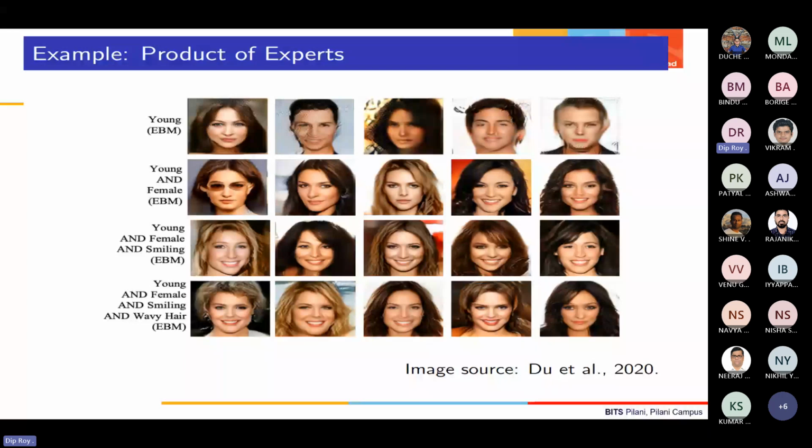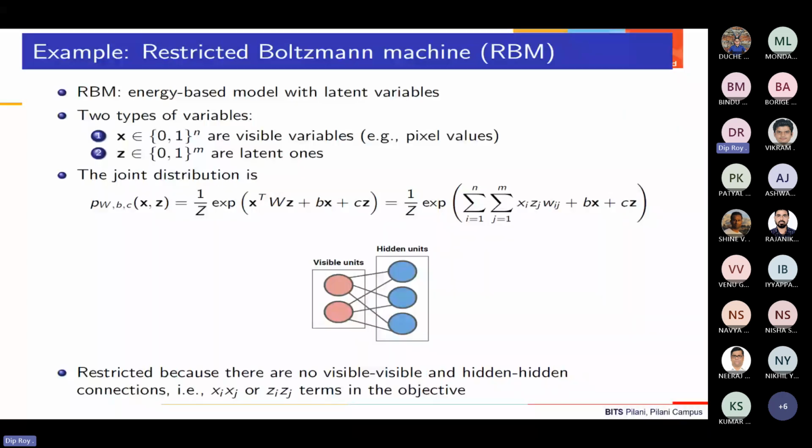Okay, and that brings us to the restricted Boltzmann machine. Now, no longer in favor, no longer used, but it was groundbreaking work. So this is an energy-based model with latent variables, a binary energy-based model, where your X and Z were both binary. X is 0 or 1 in n dimensions, and these are the visible units, the visible variables.